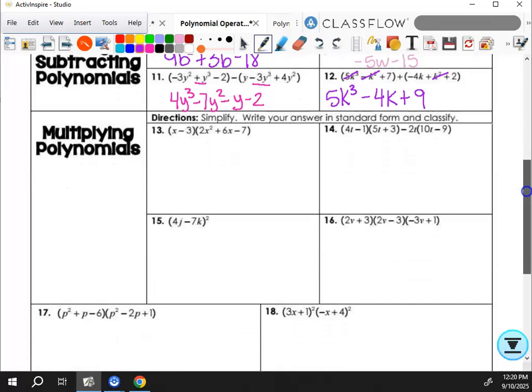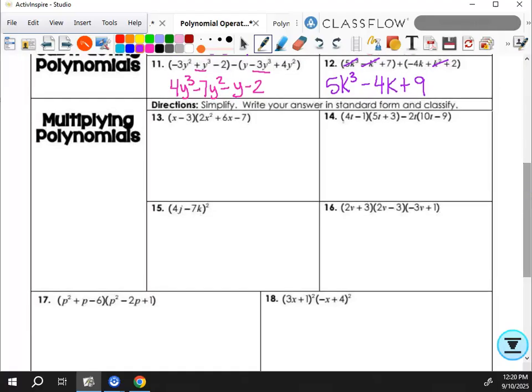Okay. All right. So now we are multiplying. When you're going to do a binomial times a trinomial, my suggestion here is that you just do basically distribution. We're going to take the x and distribute it to every single term. So let's start by doing that. That'll give us 2x cubed plus 6x squared minus 7x.